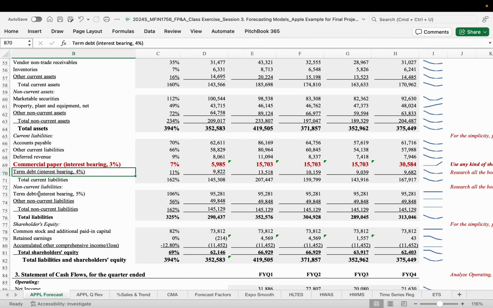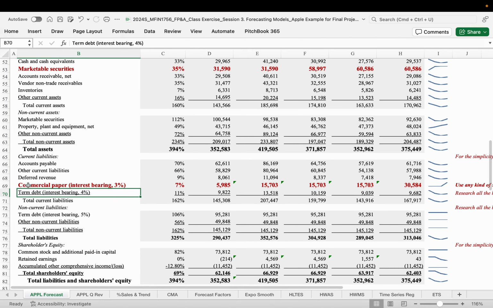Most term debt is long term in nature, but the maturity is now shorter than one year. That's why I'm not using term debt to balance out the total asset and total liability. Instead, I used another short-term financial instrument.